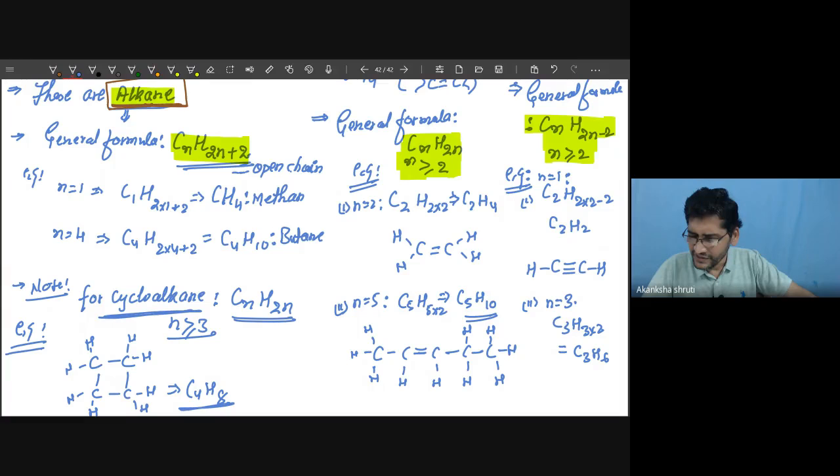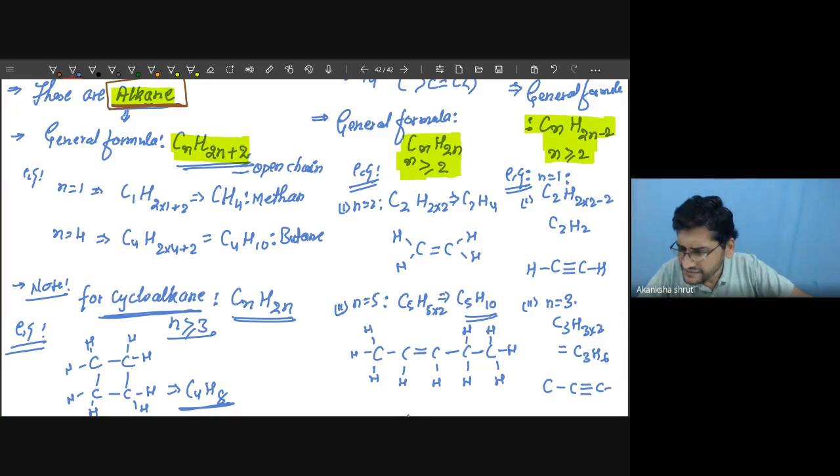How will the structure be? Very easy. 3 carbons. At any of the positions, you are free to put the triple bond. We are going to draw the alkyne structure. It is also possible to have a double bond. That becomes a structural isomer, not a structural one, rather it becomes a functional isomer. Those things you will learn in higher standard.